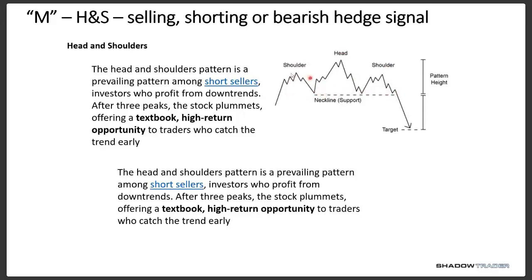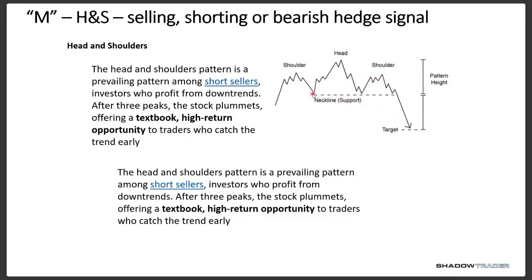So you've got a shoulder, you've got the head, and you've got a shoulder, but this is called the neckline or support. It's equal all the way across. You don't see this. This is not typical. This is artistic. If it happens this way, you're lucky. This neckline could be tipped this way, or it could be tipped this way.